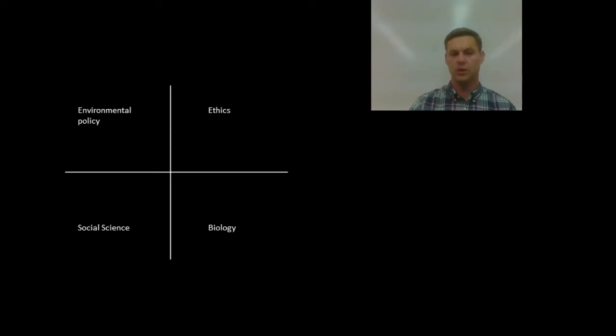They don't really know each other's reductionist conclusions to the extent to be able to speak coherently about them, and so if somebody from biology makes a claim about ethics, people would discredit that claim because they don't know the ethical policies or the environmental policies or the social scientific policies.